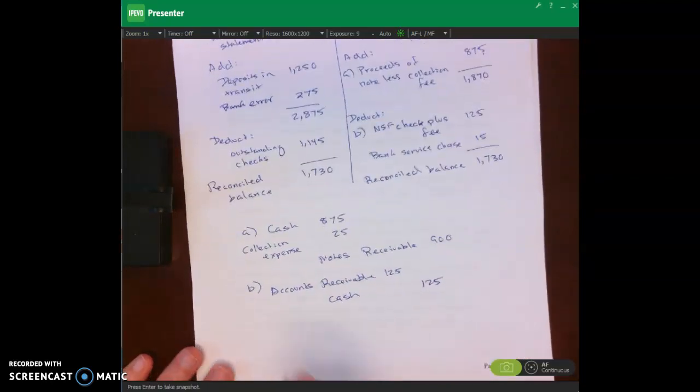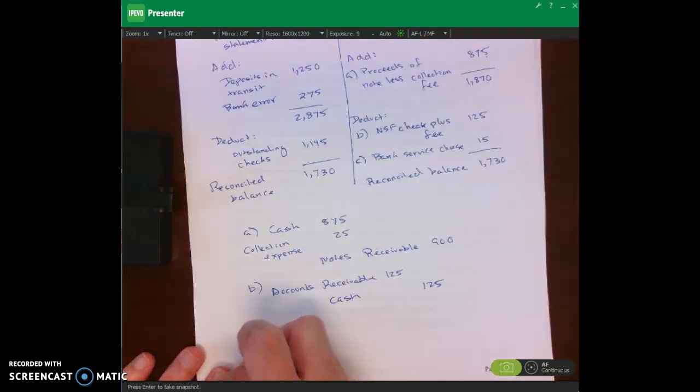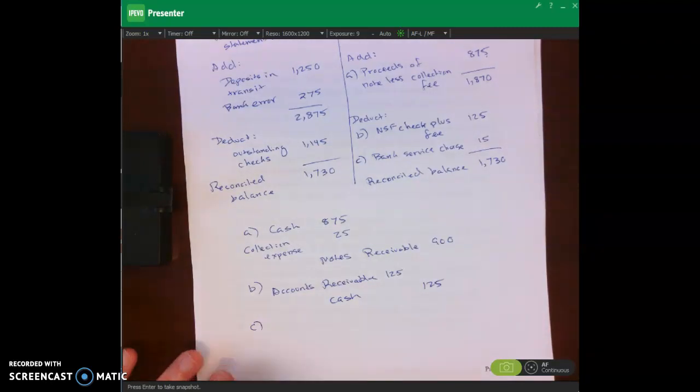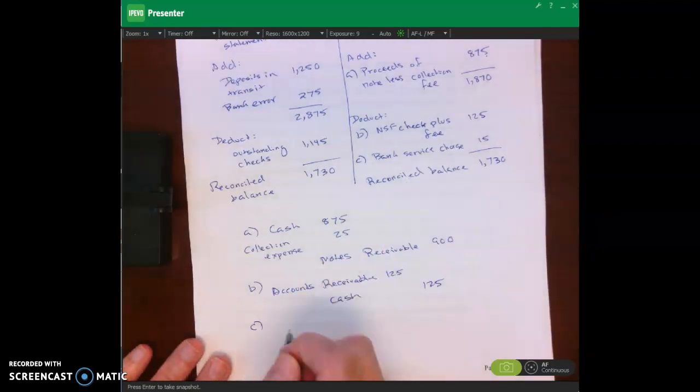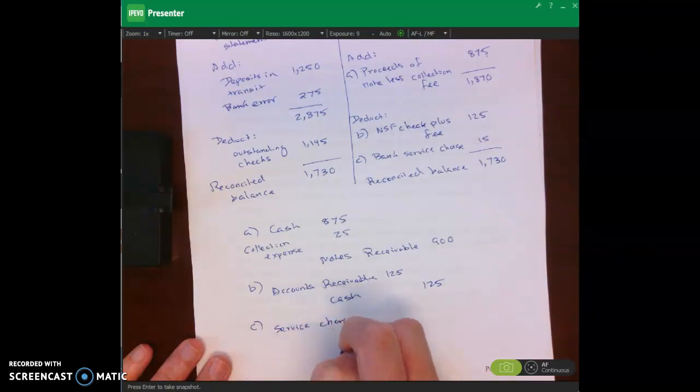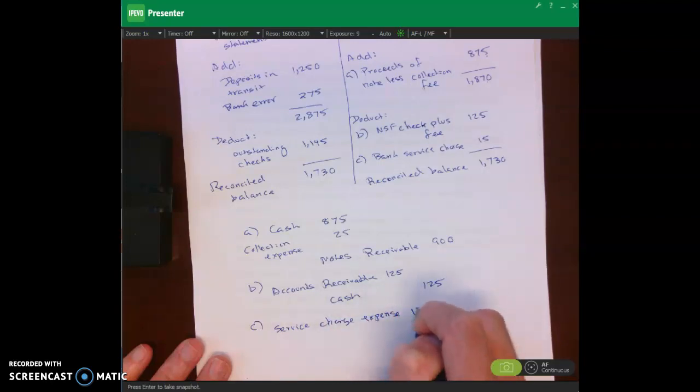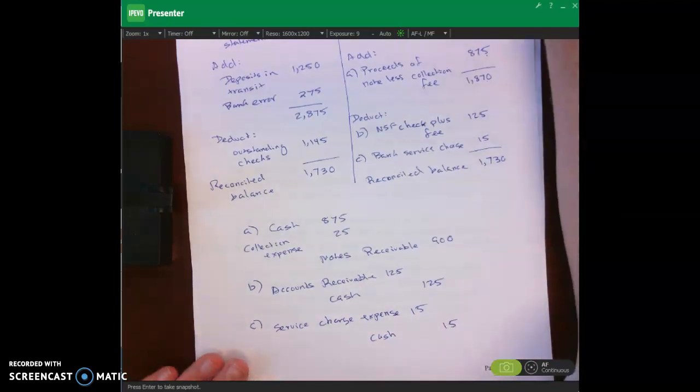And then C, the last one, is our bank service charge, check printing fees. We debit service charge expense for our 15, and then we credit cash for our 15. Okay? All right.